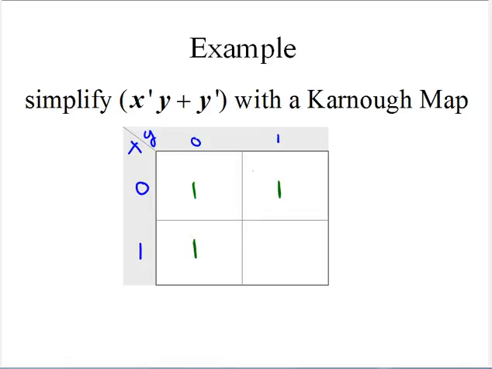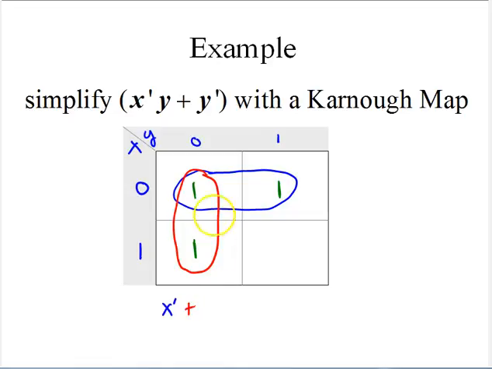So here we can end up simplifying. When we encircle our top row, we end up with x prime. We encircle our left column, and we end up with a y prime, and we did this function before. So there's our simplified function, x prime or y prime.